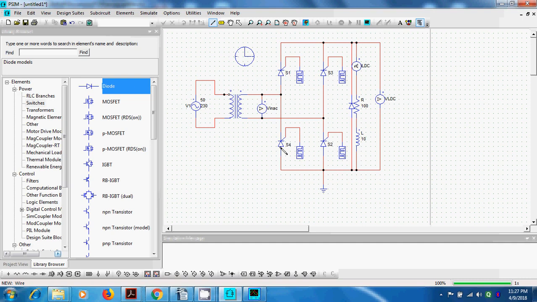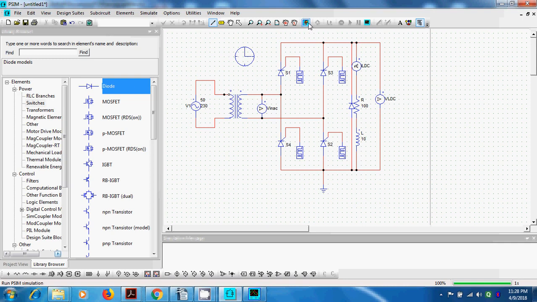Similarly, S3 and S4 are line commutated in the negative half cycle. The inductor will freewheel the stored energy through this freewheeling diode, while S1, S2, S3 and S4 are still turned off, and the output voltage will be 0 in this case.